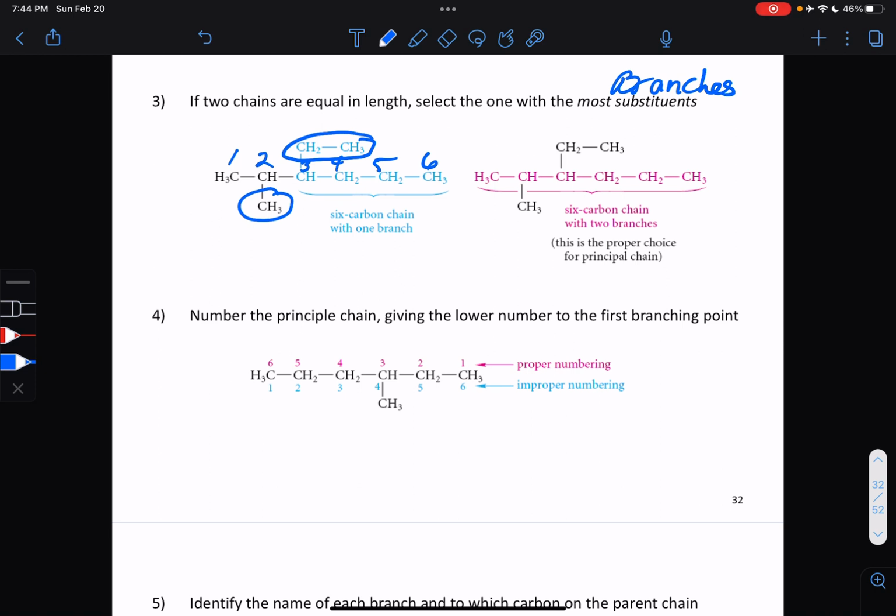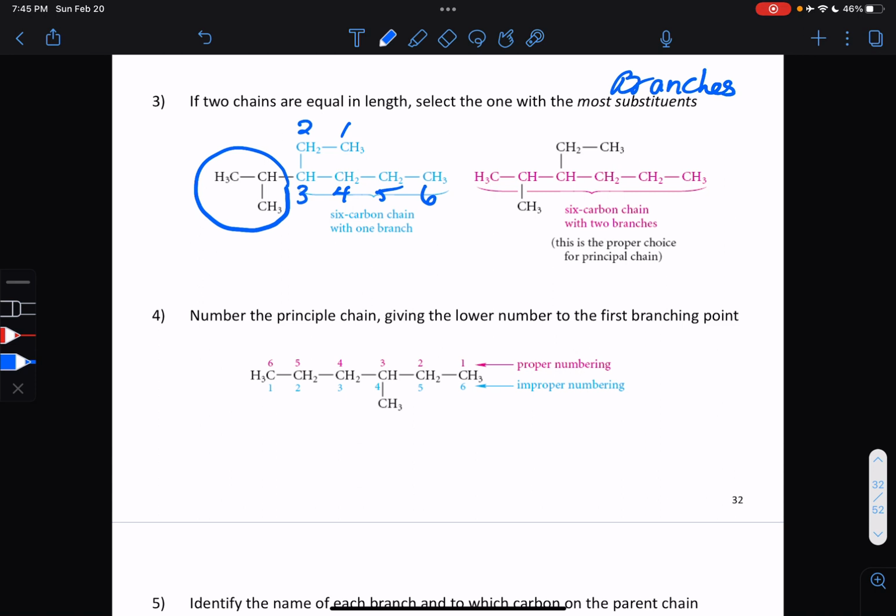So we'd have a 6-membered longest continuous chain, so that would be called our parent. And then we would have 2 branches hanging off of that. If we were to number it differently, so say we said, no, I want to go ahead and number it this way, which is also a hexane, so you have the same length for your parent chain, what we would have is we would only have 1 branch.